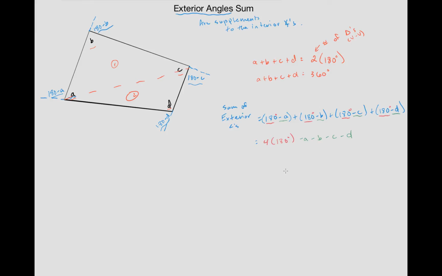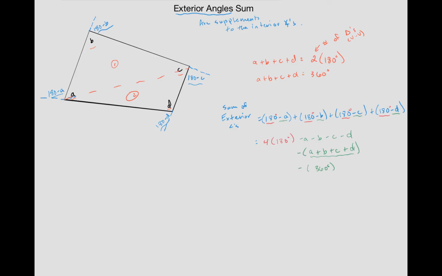And then we have our negative A, negative B, negative C, and negative D. Now this part is probably the trickiest part of what we're doing, but I see here that these are all negative, and I know that A plus B plus C plus D equals 360. So what I'm going to do is actually just pull out this subtraction here and do some reverse distribution. And so now I'm subtracting everything that's in there, but now I have this nice statement of A plus B plus C plus D, which I know is just equal to 360 degrees.